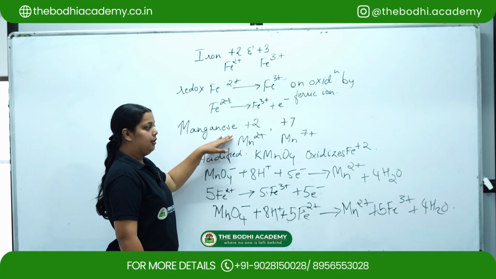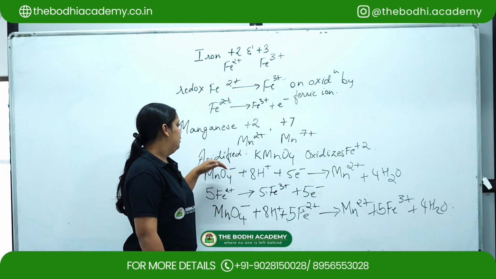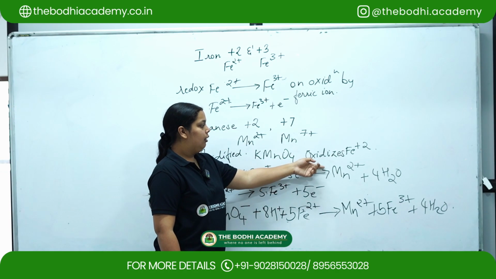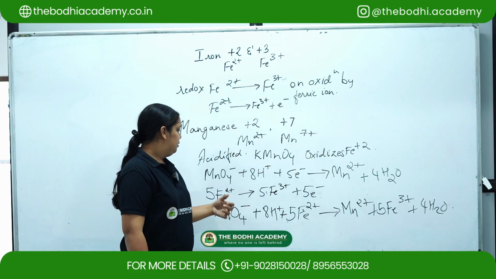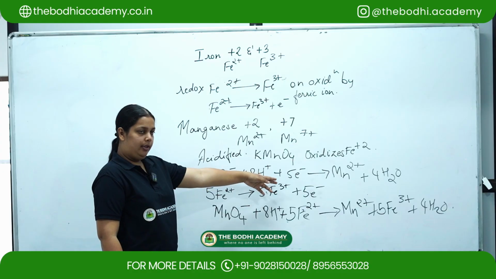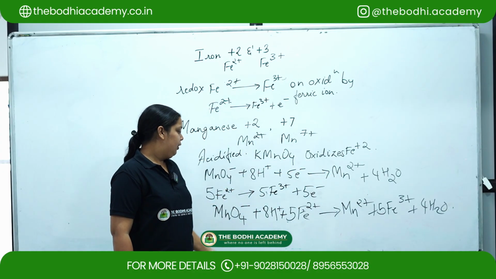So manganese has two oxidation states, Mn+2 and Mn+7. So the example is acidified KMnO4 oxidizes Fe+2. So that is MnO4- plus 8H+ plus 5 electrons gives Mn+2 plus 4 molecules of water.